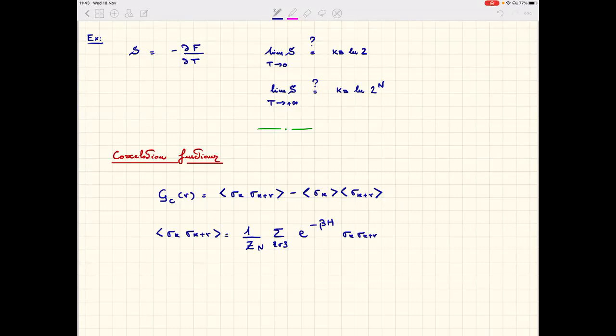Now, typically a connected correlation function decays in space exponentially with the distance, with a scale psi, which is known in the literature as the correlation length.